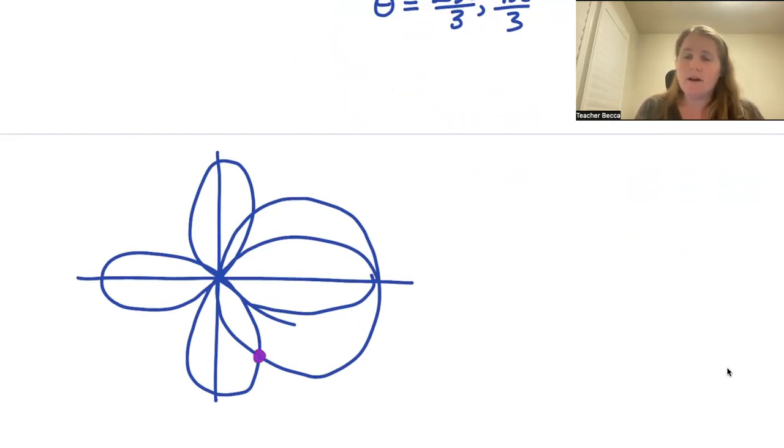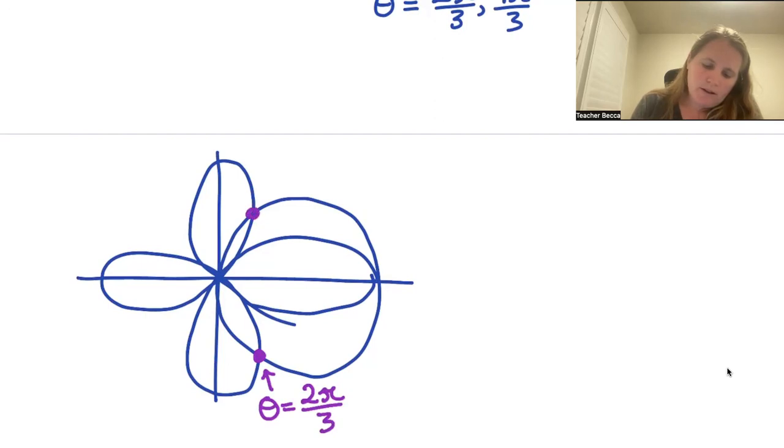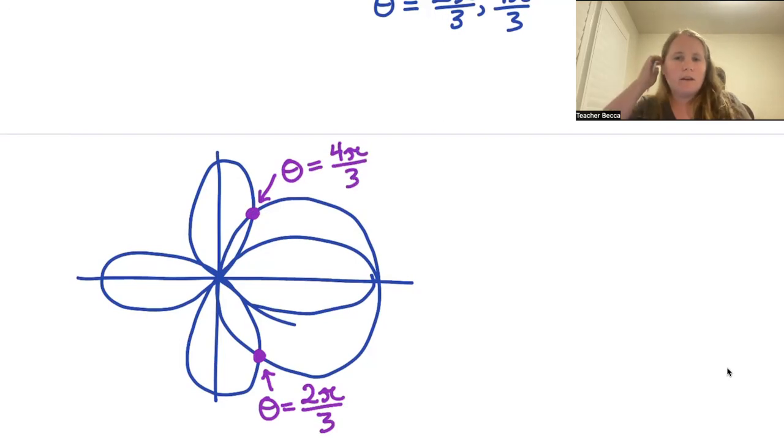The circle r equals cosine theta, 2 pi over 3 flips over into that fourth quadrant. So this point is our theta equals 2 pi over 3. That point of intersection in the first quadrant actually is on the second time around. That is our theta equals 4 pi over 3. So again, that intersection in the first quadrant occurs on the second time around the circle.